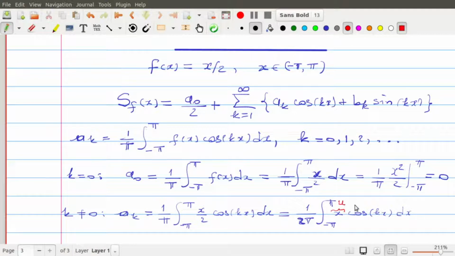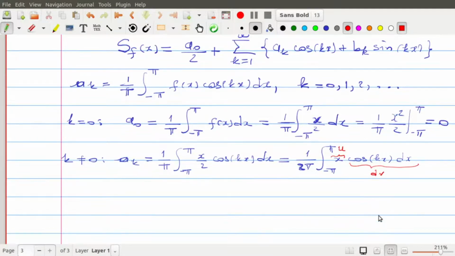Denote this by u and all this by dv. So if we set that, this integral will be equal to, I factor the 1 by 2 pi. Now inside the integral, inside the square brackets, I will expand this integral.